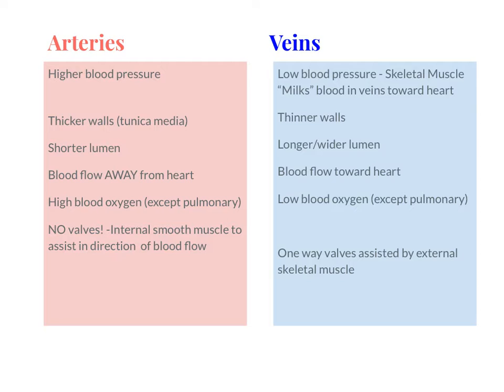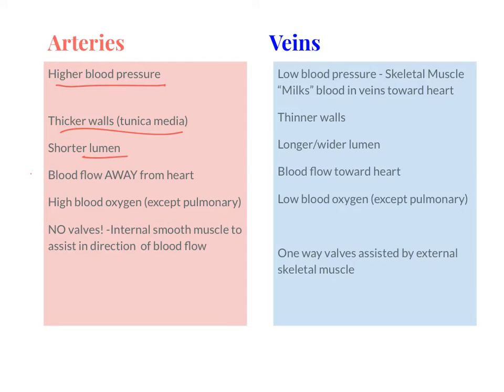You've already seen this slide as well, but let's refresh our memory about the difference between arteries and veins. We're focusing on arteries today. Arteries on average have a higher blood pressure than veins do. They have thicker walls because of this to help withstand that blood pressure, but also to be able to use the smooth muscle inside of them to help push that blood around the body.